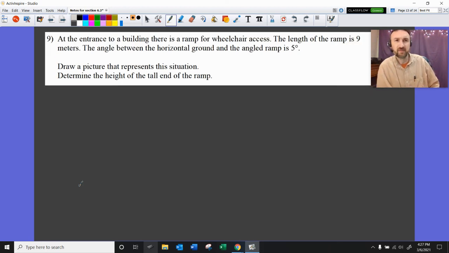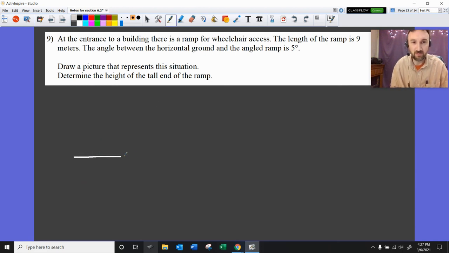Last one. At the entrance of a building, same building maybe, there's a ramp for wheelchair access. The length of the ramp is 9 meters. The angle between the horizontal ground and the angled ramp is 5 degrees. Draw a picture of this situation. Okay. So we've got a ramp going up, and you can add to your ramp if you like.